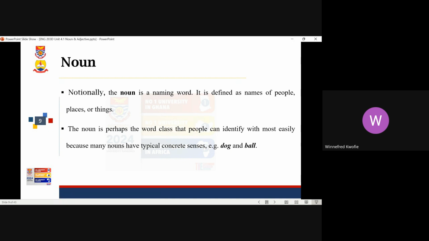And then we know that notionally, when we talk of the noun, we are talking about a naming word or a word that refers to a person, a place, or a thing, as we were taught when we were in the basic school. So a noun is a naming word, notionally. And it's often the word class that is easily identifiable.